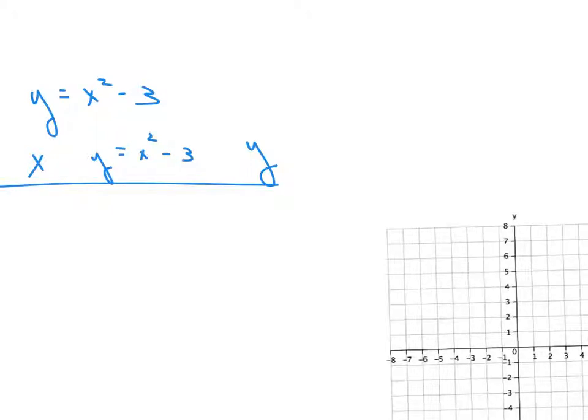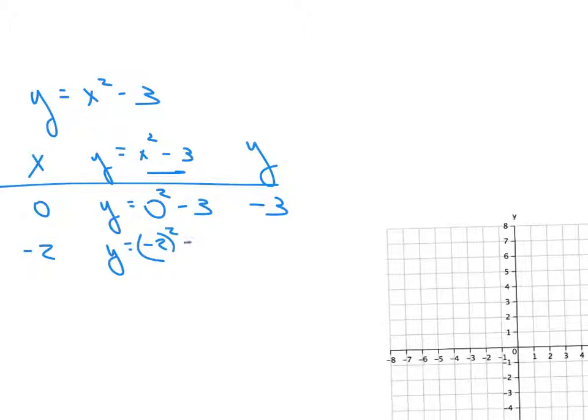So if my x is 0, and I plug 0 in for x, I get 0 minus 3, which is negative 3. If I were to use negative 2, I'd have negative 2 squared minus 3, which means negative 2 times negative 2 is 4, 4 minus 3 is 1. If I use a positive 2, y equals 2 squared minus 3, which is also 1.